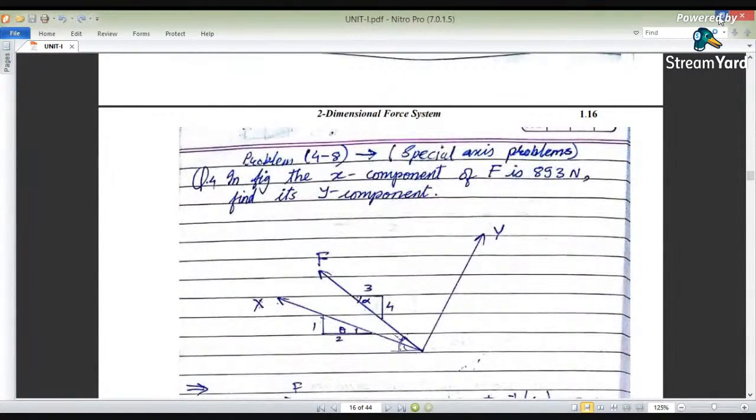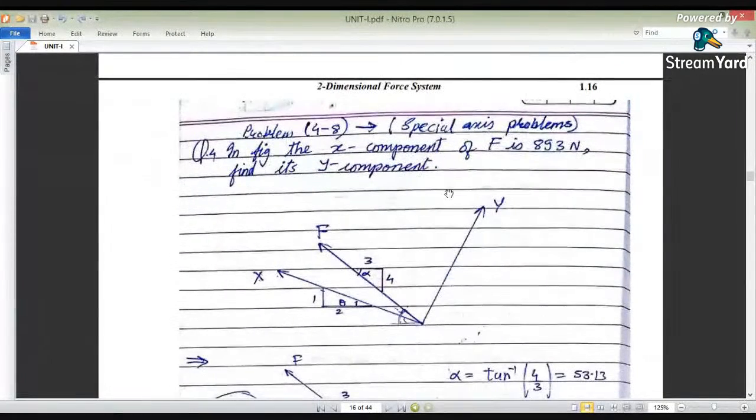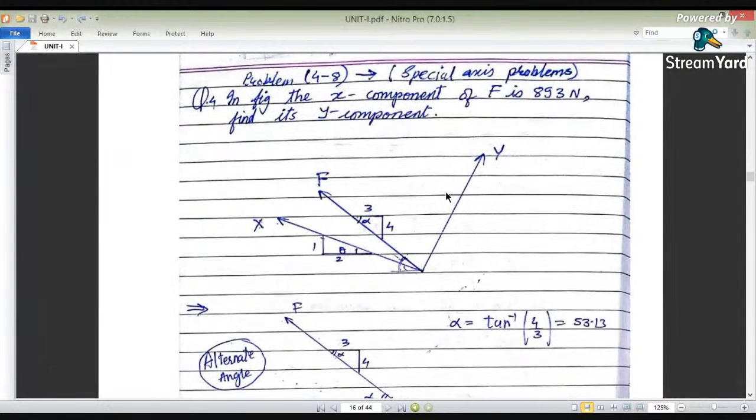Again, problems related with the different quadrants. In this problem, there is a force F which has been applied, making an angle alpha, with 3 by 4, horizontal as 3 and vertical as 4, and again the x and y directions are along the incline.